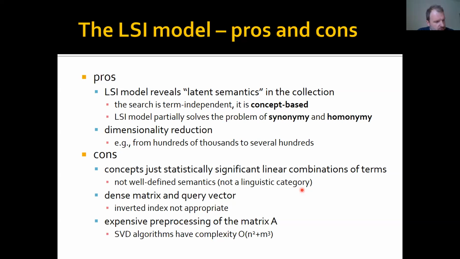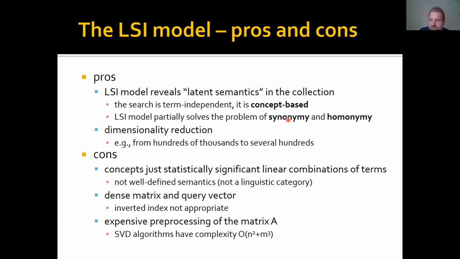So to conclude, we have pros. The LSI model reveals the latent semantic. So it's basically another step on top of the classic vector model that transforms the incorrectly assumed non-correlated terms into correctly uncorrelated concepts, because these concepts are really orthogonal to each other.